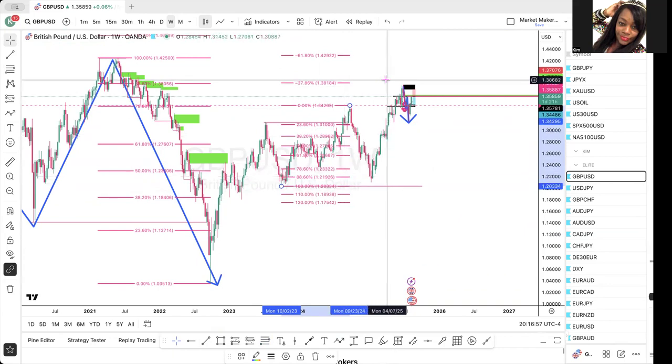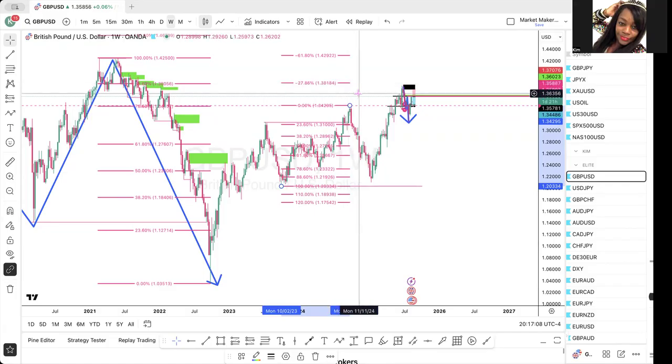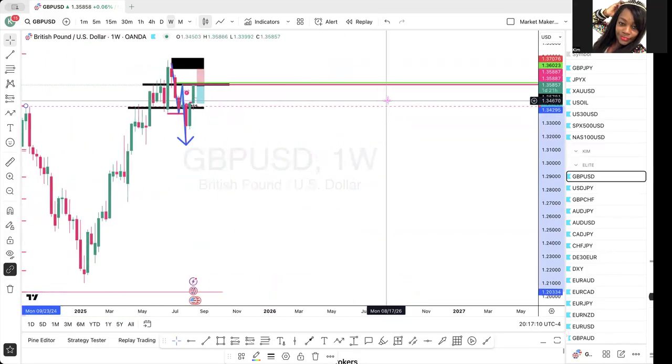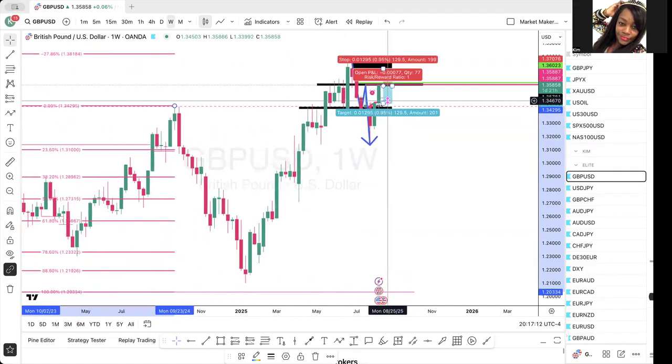And then bought all the way to, and this is a prime example, price is probably going to buy up to this negative 27. Well, maybe not.